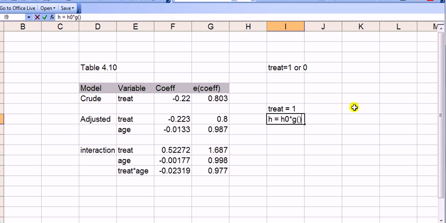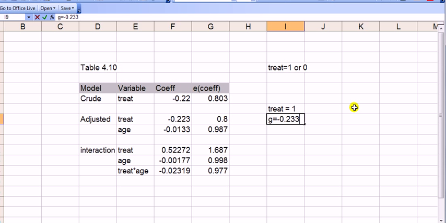So it's this function g that I want. Let's take this out from the book. I'm looking purely at the part which does not depend on the baseline, and that is equal to minus 0.233 times treat.